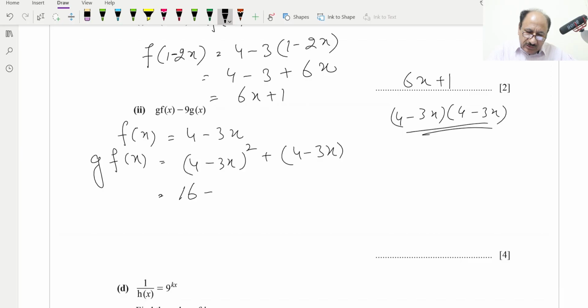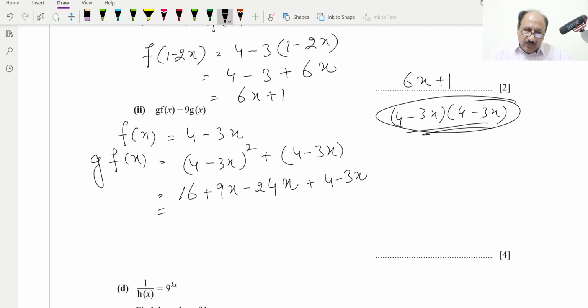This will be 16 plus 9x squared and minus 24x. So if you multiply this, you will get the same thing, and plus 4 minus 3x, and further we can simplify.